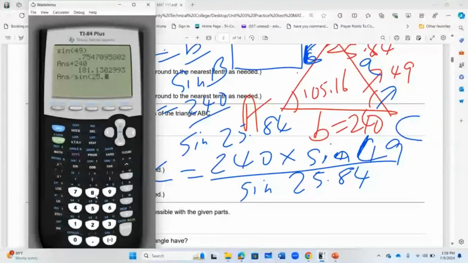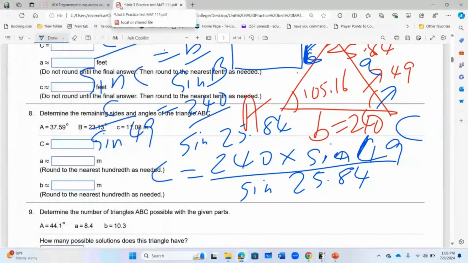25.84, and then close parentheses, and then the side is 415 to 2 decimal places. 415.57 is the measure of side C. So I'm going to put it in there.